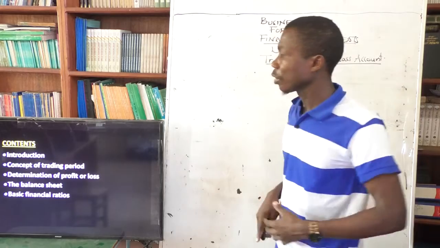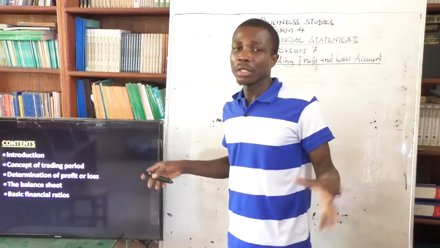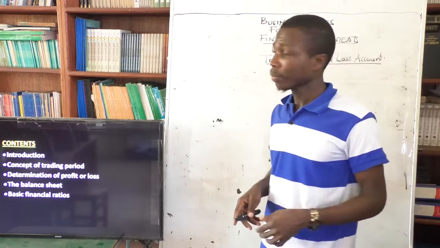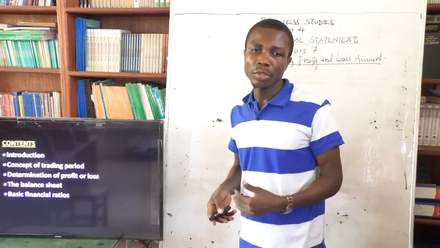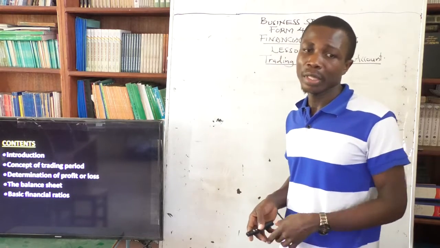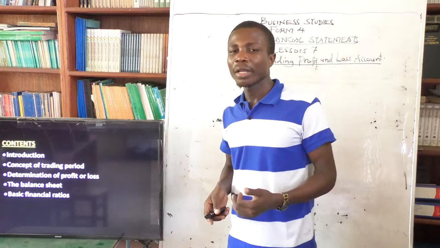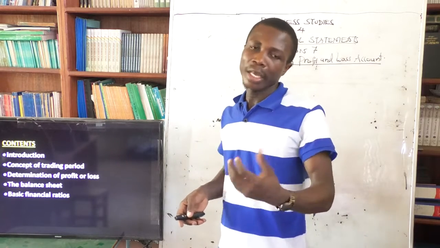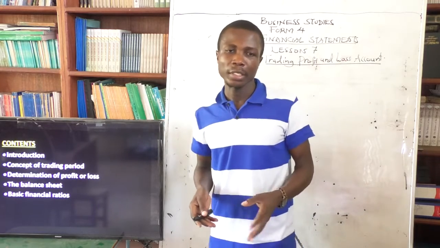So the context we are going to look at is, first of all, the introduction to statements of account. Then the concept of trading period, and what it means when you say trading period. Then determining the profit and loss. After that, you are also going to look at the balance sheets, which will be later. Then basic financial ratios, like markup, margin, and so on.